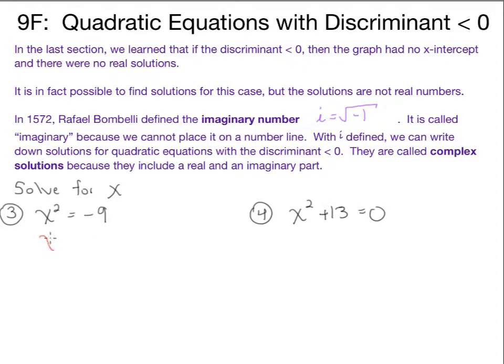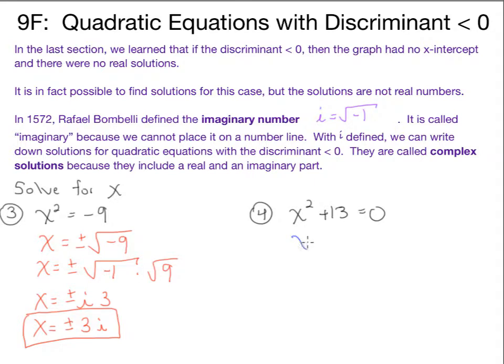So our first example, this is a form of x squared equals k. So we would write x is equal to plus or minus the square root of -9. So that's equal to plus or minus the square root of -1 times the square root of 9, which we would say is equal to plus or minus i times 3, or x is equal to plus or minus 3i.